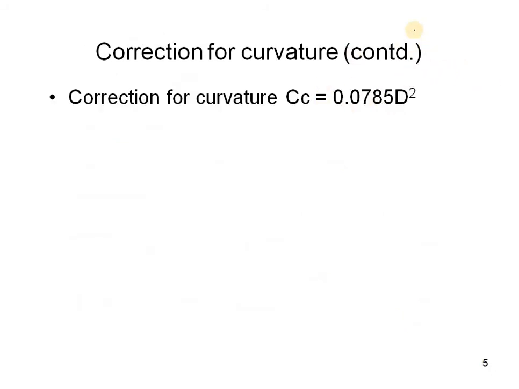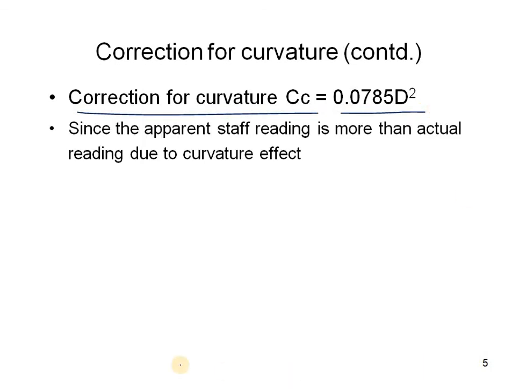So this is written as curvature correction, CC is equal to 0.0785 capital D square. The apparent staff reading is more than the actual reading due to curvature effect.